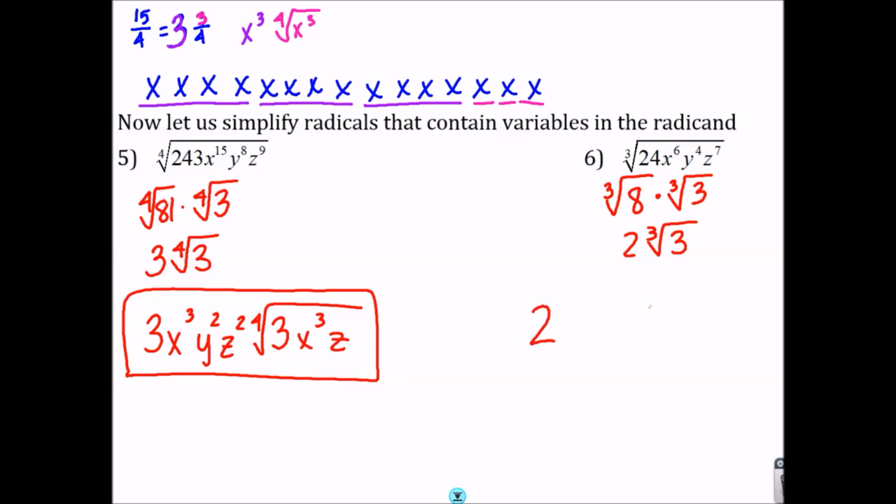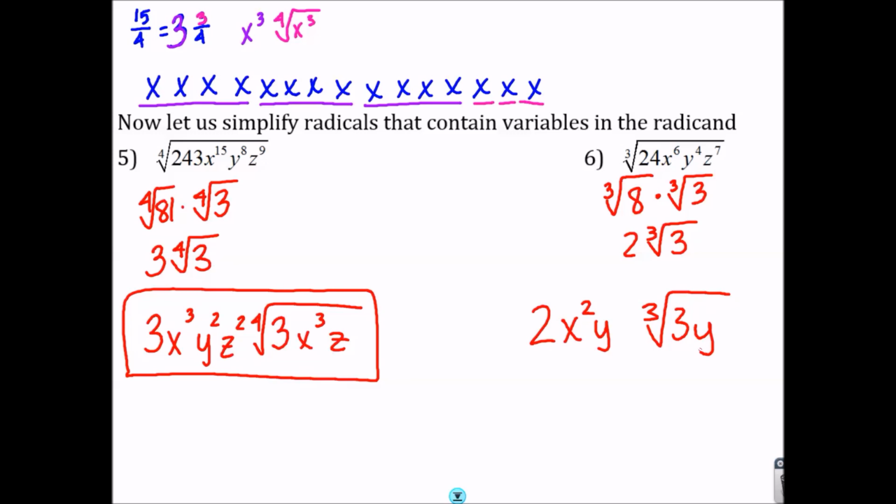So let me write this out. When we do the cube root of x to the 6th, we divide 6 by 3, which goes evenly. 3 goes into 6 2 times with no leftovers. That means we have an x squared outside the radical and no x's inside the radical. For y to the 4th, 3 goes into 4 once with 1 left over.